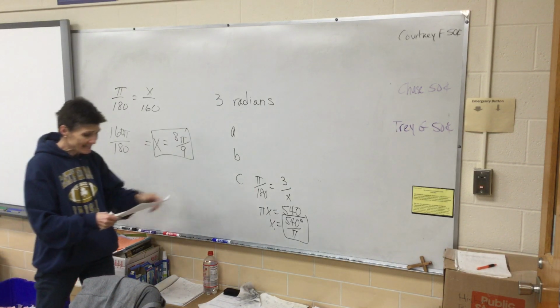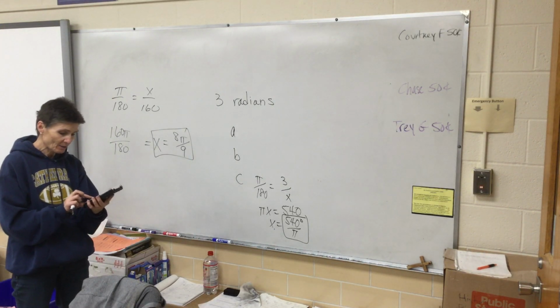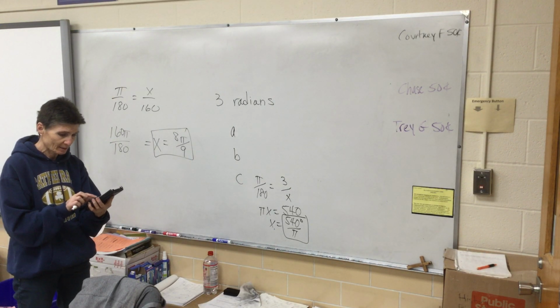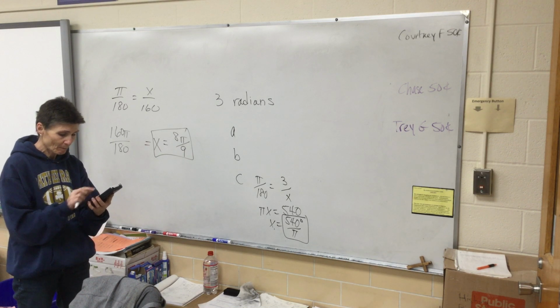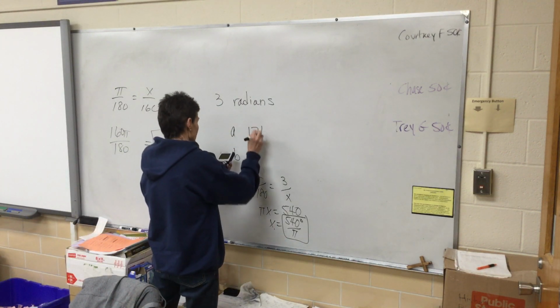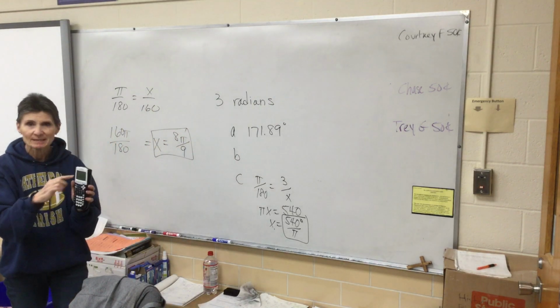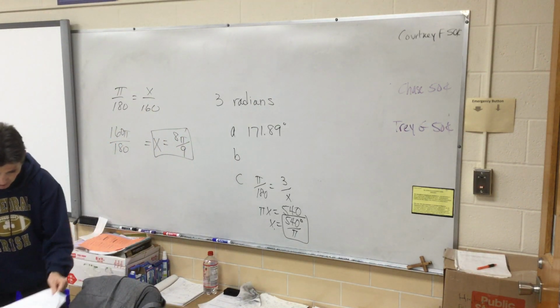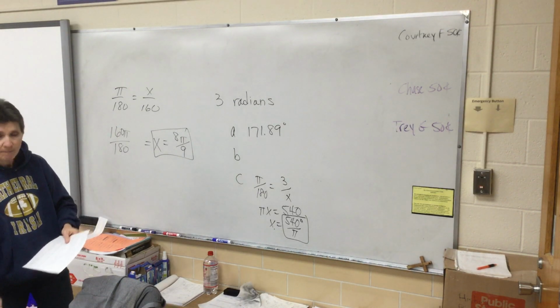Now, if I want the decimal value of that, I'll just type that into my calculator. 540 divided by pi is 171.89, roughly. I'll write it down there to fill in the blank, but I'm going to leave this on my calculator.